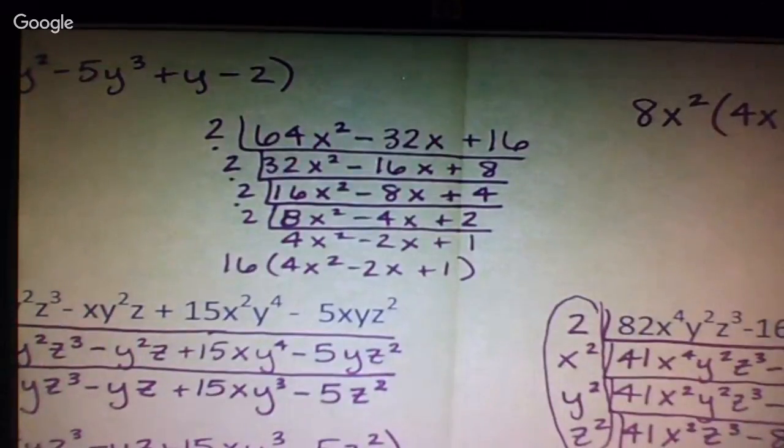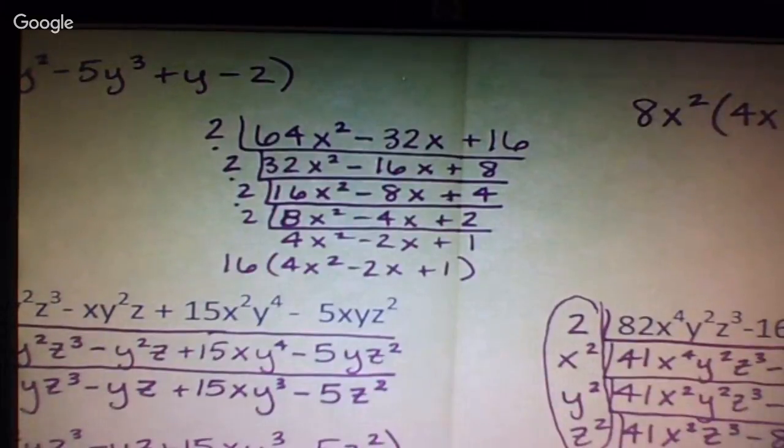We could have started here with 64x squared minus 32x plus 16, and we could have started with 4. How many times does 4 go into 64? 16. 16x squared. How many times does it go into 32? 8.